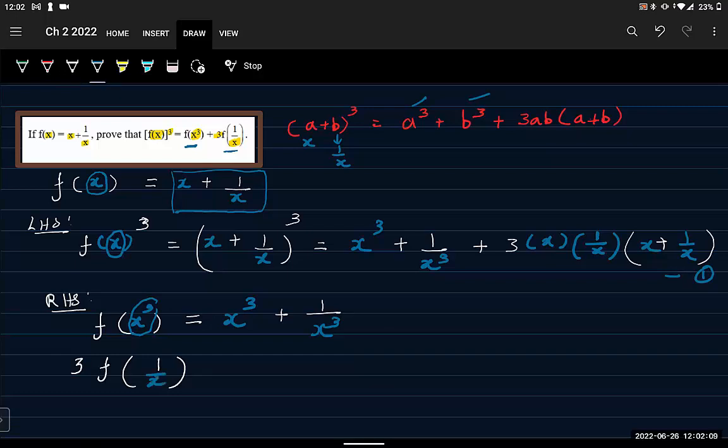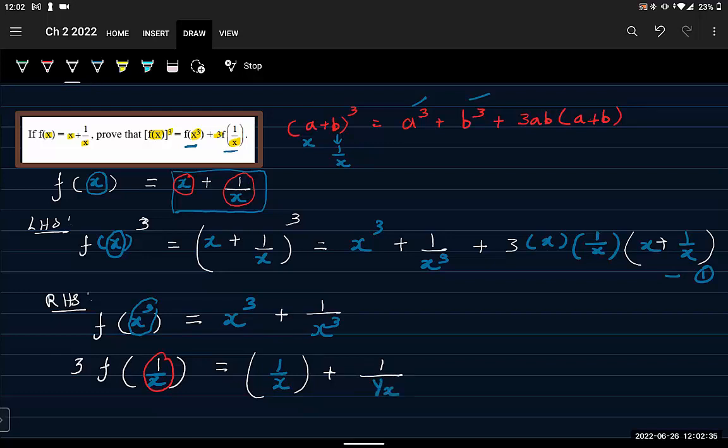So now what happens is, wherever we find x, instead of that, I will write 1 by x. Instead of x, I will write 1 by x. So here, the first term is x. Instead of that, I should write 1 by x, which is given inside the bracket. Then plus 1 upon, again, instead of x, I will write 1 by x.